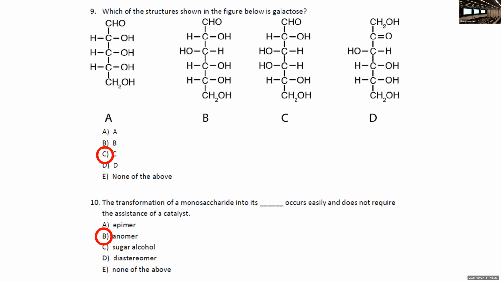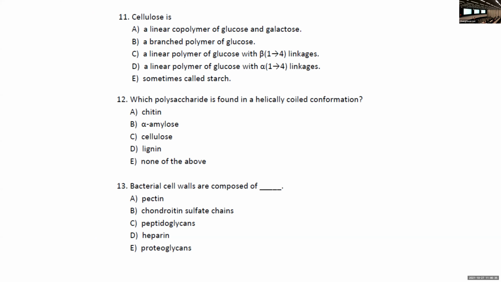So you should be able to distinguish between those two, and tell whether a structure is an anomer or an epimer of another structure. Number 11, cellulose, C, basically. Again, this is just a fact.